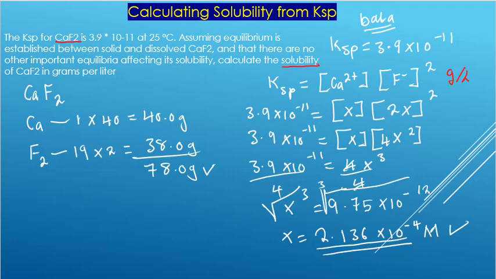Okay, so we're going to say that 2.14 multiplied by 10 to the power negative 4 multiplied by 78.0.